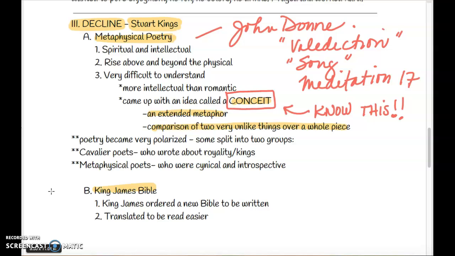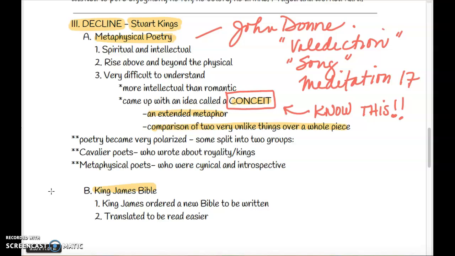It's spelled out for you. But John Donne and some of his fellow poets wrote this spiritual, intellectual poetry, which was a lot more difficult to understand. It's a little more intellectual than romantic, yet it is also romantic. And I will prove that to you when we read one of my favorite poems, which is The Valediction.